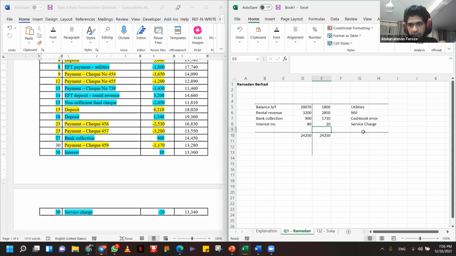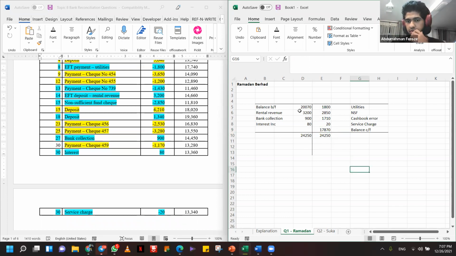Okay, and then this amount would be the balance carried forward. Let's just do it one by one. So this is the adjusted cash balance.